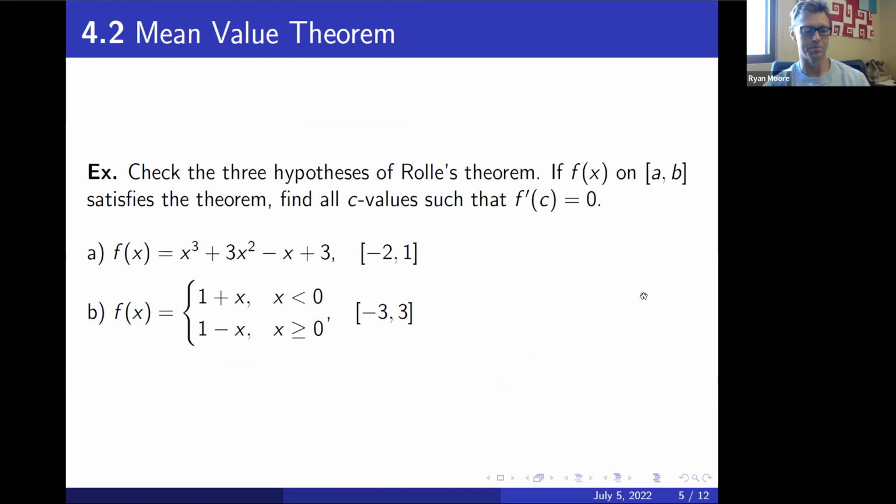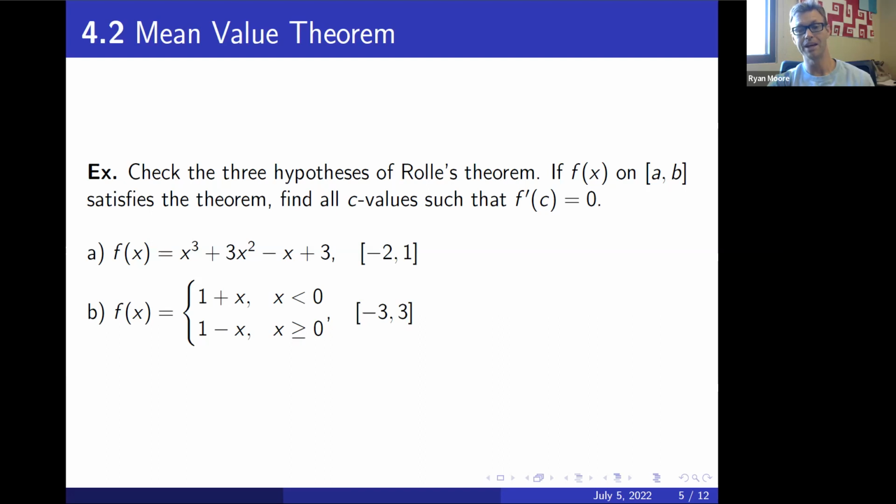Let's do some example problems. Kind of the bread and butter problems, if you will, are things like this. Check the 3 hypotheses of Rolle's theorem. For each of our examples below, first thing we'll do is make sure that our function satisfies those 3 hypotheses. That's critical.